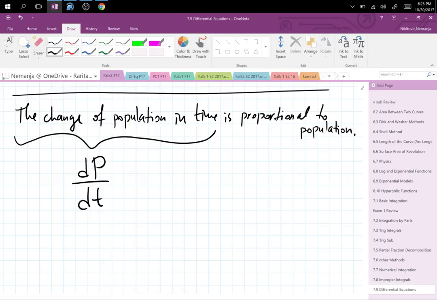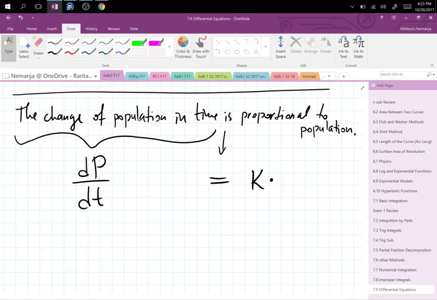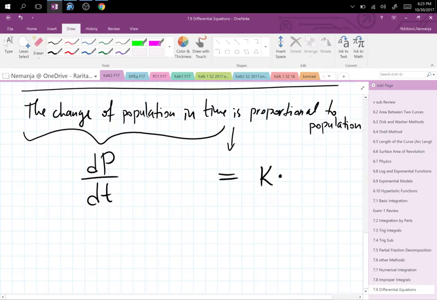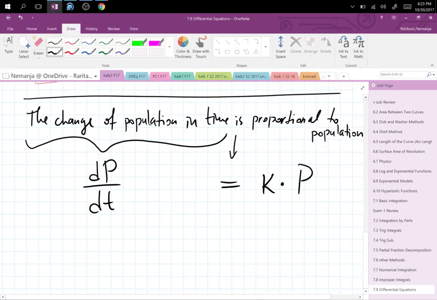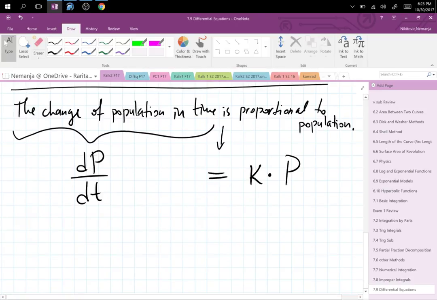The word "is" is translated as an equal sign. The word "proportional" is k times, a constant of proportionality. So k, and then you have population p. And there you go.